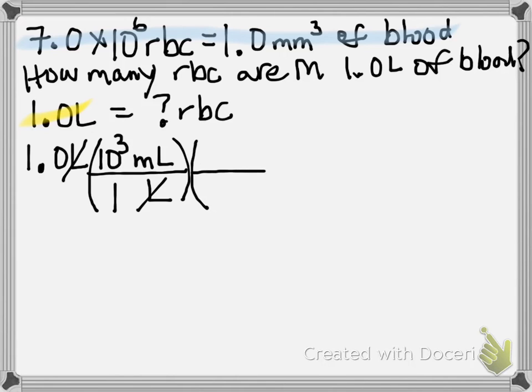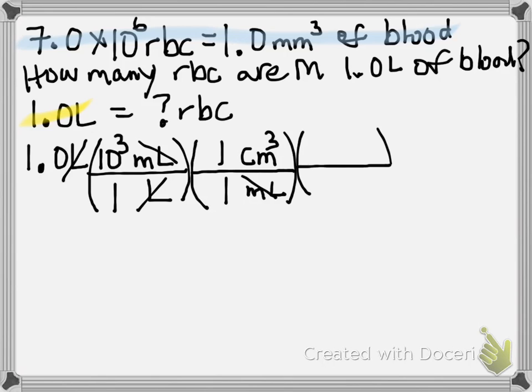Now remember, I told you there was a conversion factor you had to remember, which was that a milliliter and a cubic centimeter were a 1-to-1. Now I know something about centimeters and millimeters. 1 centimeter is 10 millimeters, but again, I need it cubed. So cube, cube, cube, cube.